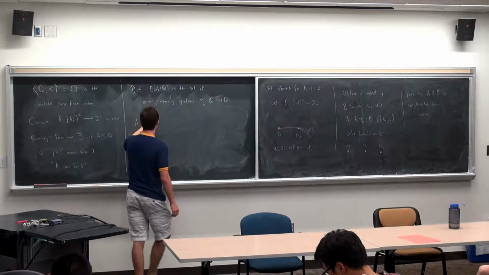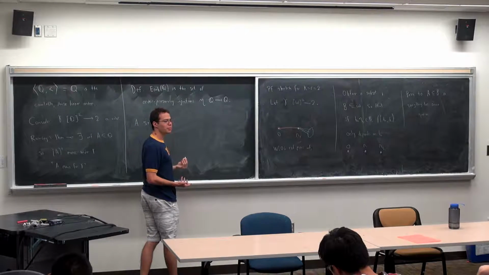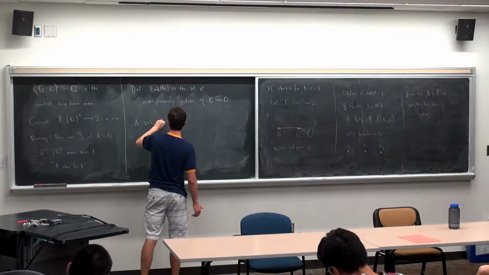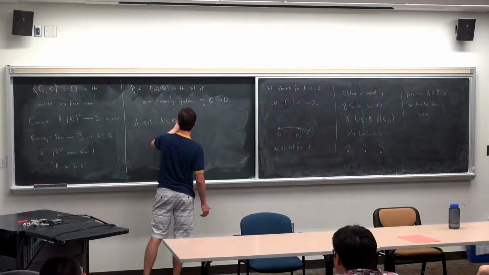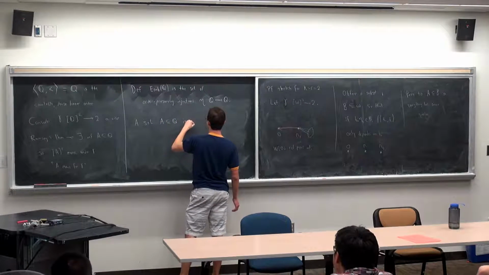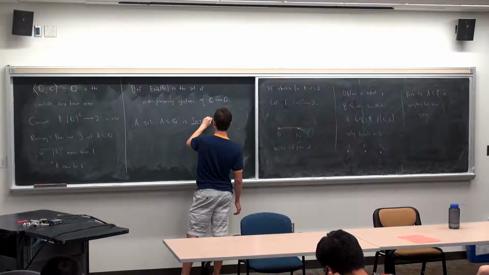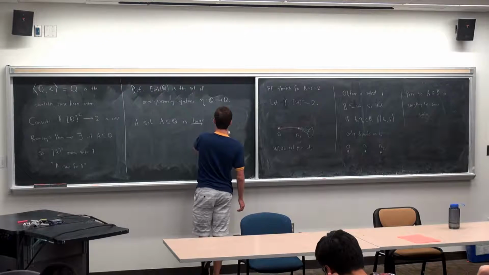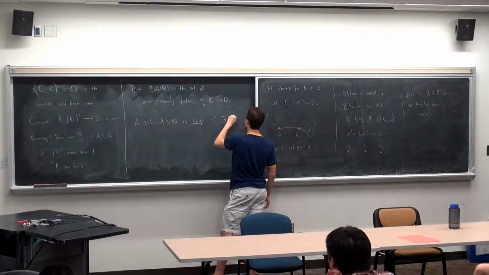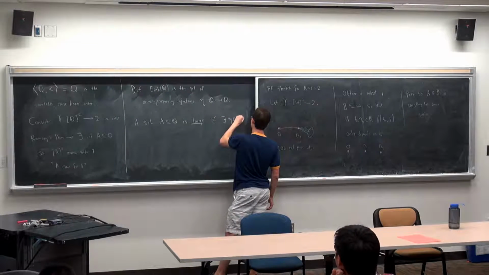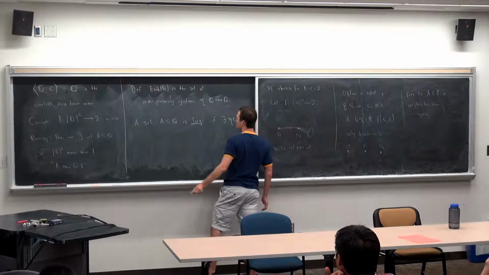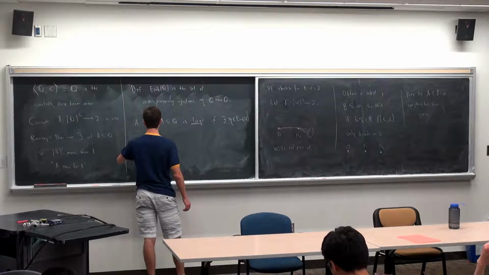And then here's the notion of infinite subset I'm interested in. A subset of Q is large if there is some embedding whose image is contained inside A.